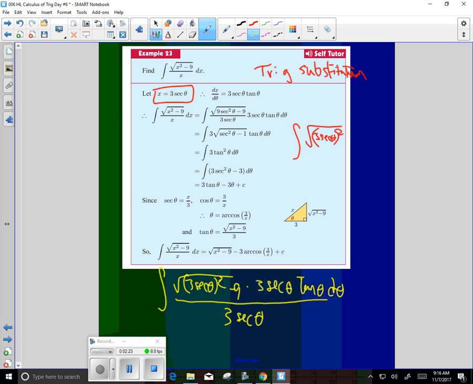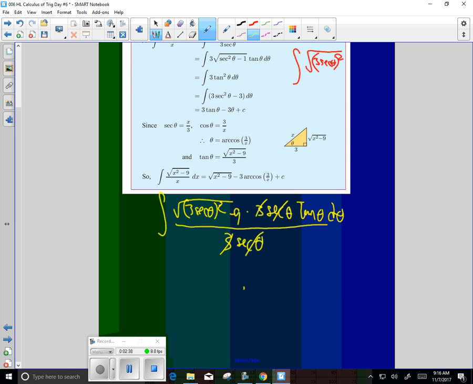And you said, why are we using 3 secant theta? Do you see why? What happens to the 3 secant theta in the denominator? It literally cancels with the top. So then this is going to be the square root of 9 secant squared theta minus 9, times tangent theta d theta.